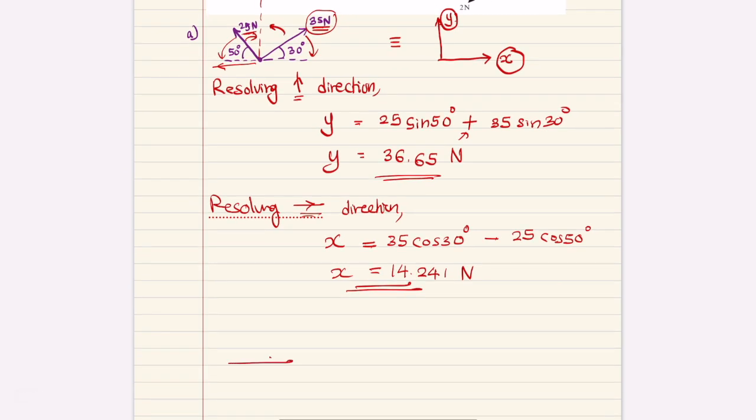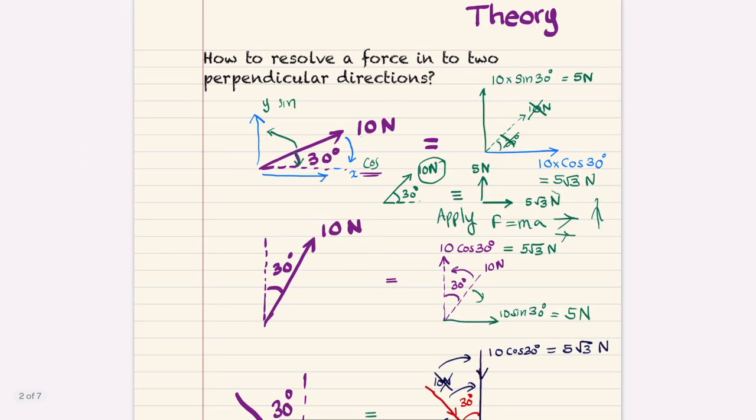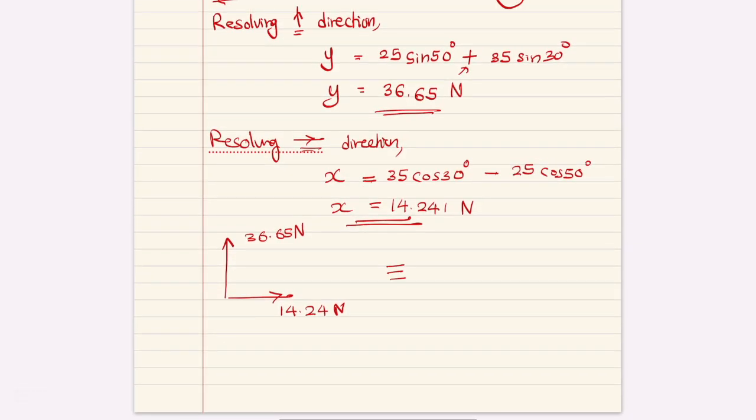We have a force of 14.24 newtons acting in the horizontal direction, and the vertical component of the resultant force is 36.65. I just rounded to 2 decimal places. Now I'm going to reverse the process that I did earlier. Splitting a single force into vertical and horizontal components can be reversed. How can we reverse that? We can use the Pythagoras theorem.